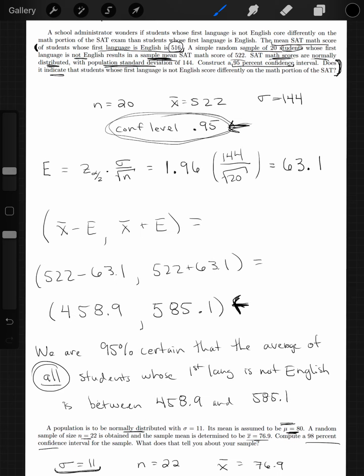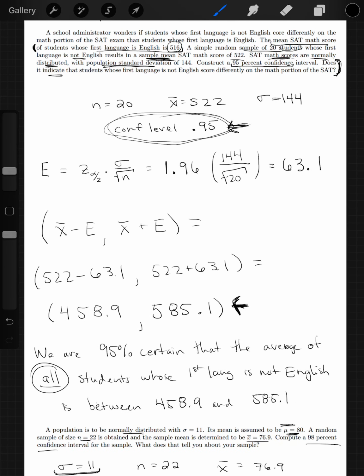All right, now we get into some word problems. So as we go through here, looking at this first sentence, the mean math score of students whose first language is English is 516. So that looks like it's important, but when we read forward, the next sentence is a simple random sample of 20 students whose first language is not English. One of the things about the process of finding a confidence interval is that it's based entirely around sample data.